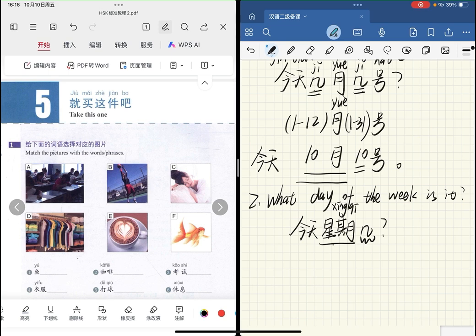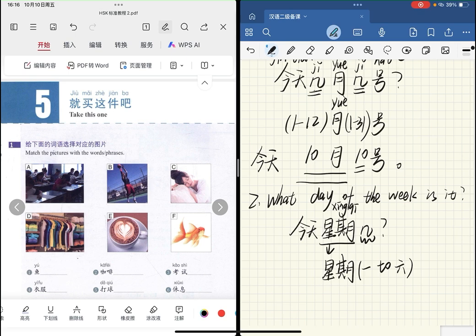Because in Chinese, when we express the day of the week, we use 星期 plus a number. From Monday to Saturday, we add the number 1 to number 6 after 星期 to express Monday to Saturday.